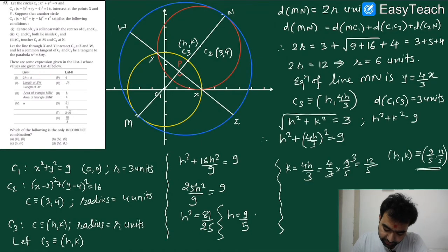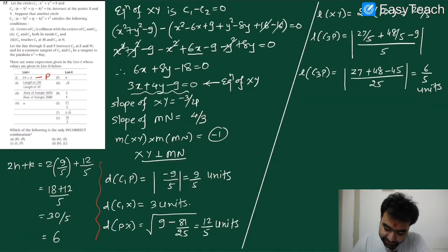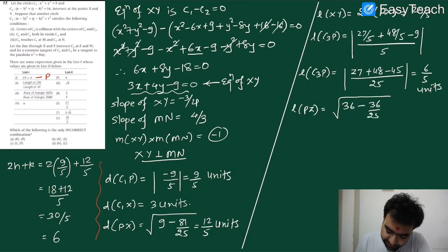Now we know that C3X is the radius of the second circle, that is 4. C3Z is the radius of the bigger circle, which is 6. So we can calculate the length of PZ, again by applying the Pythagoras formula: under root of 36 minus 36 by 25. So we can say 6 root 24 by 25.